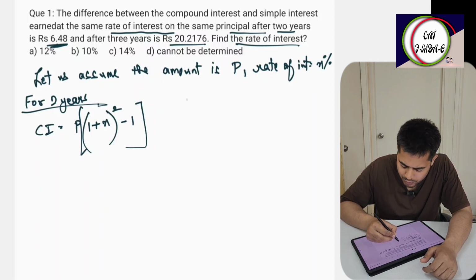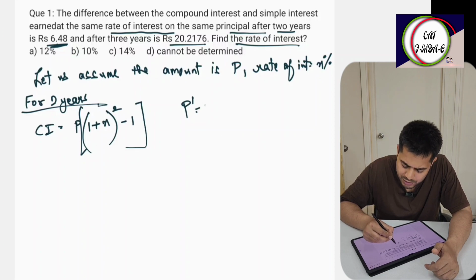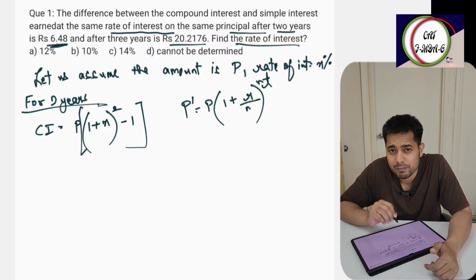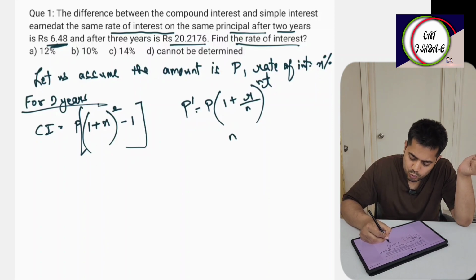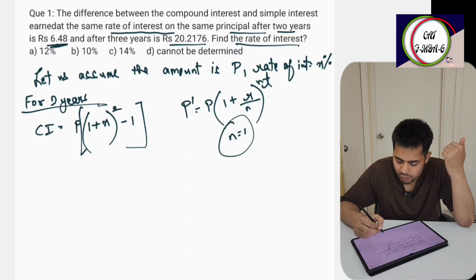Why have I taken this? Because when something is compounded, P dash is given as P (1 plus R by N) to the power NT, where N is the number of times it is compounded. So here N is equal to 1, because annually it is compounded 1 time.